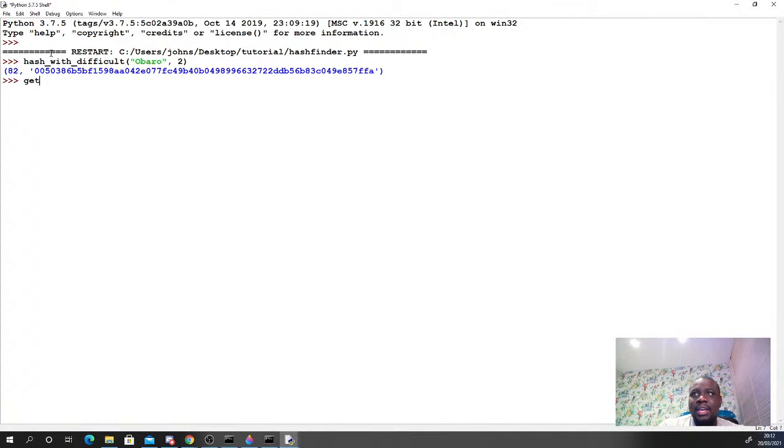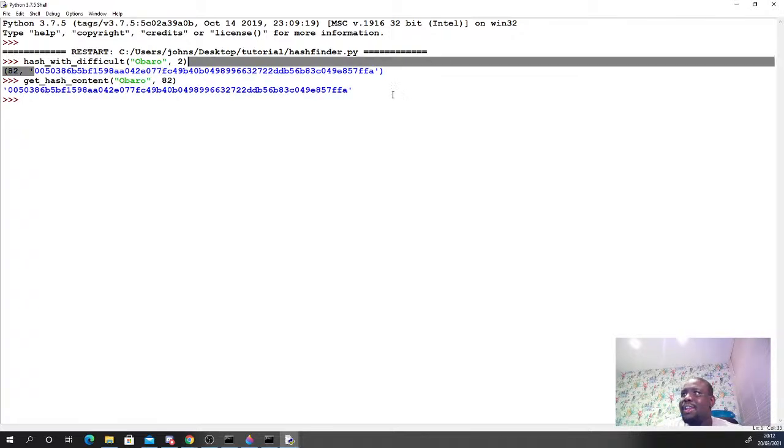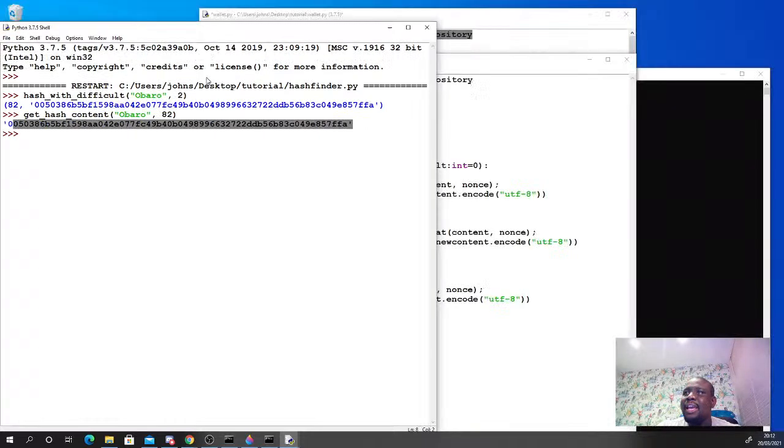So now we can say get hash content. So we get Obaro. Now if we give this 95 to it, we can return the same content. Yeah, now we don't need to do all this computer power anymore.